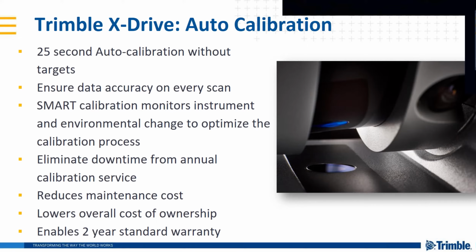With the X7, we actually built a kind of collimation test bench into the bottom of the unit, part of that X drive, which gives us the capability to do that calibration before each scan.